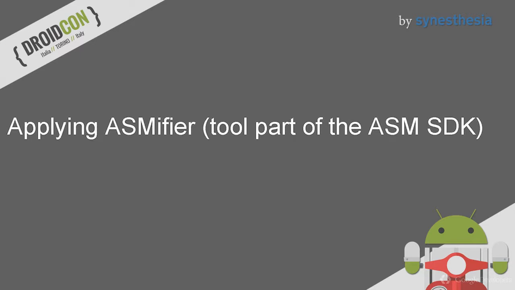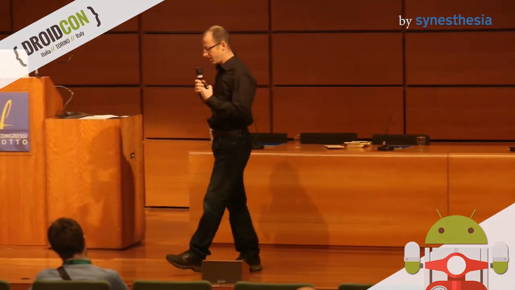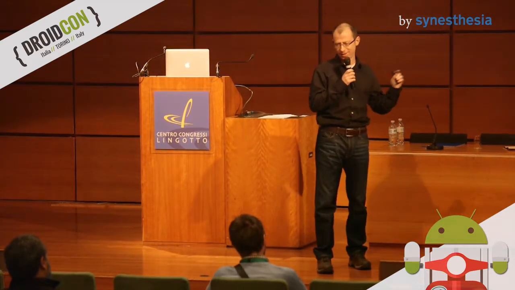So, ASM comes with a lovely, lovely tool. It's called ASMifier. Essentially it takes a class file as a parameter and emits a source file, a Java file, that we can read and understand and manipulate. I didn't say it's easy.